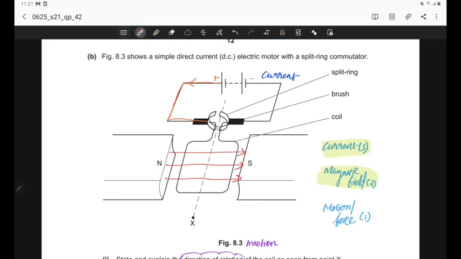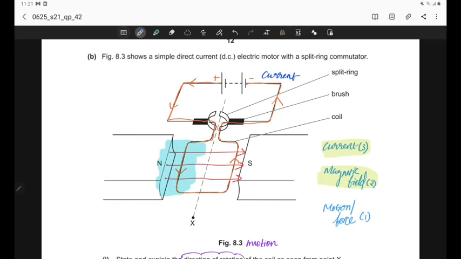So this will be the motion of current and which will pass through this coil. So here the direction is out of the page, and here the direction is into the page. Then it will go to the negative terminal of the battery.